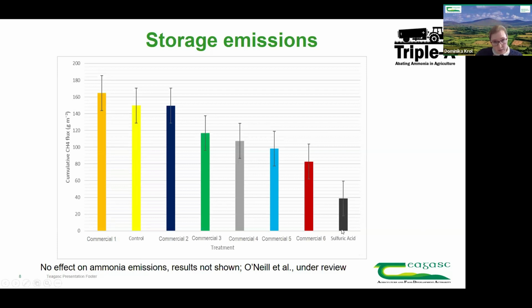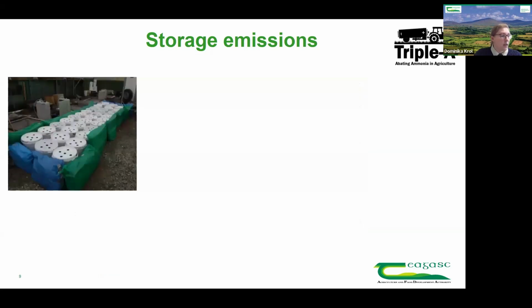Sulfuric acid, which is one of those chemical acidifiers that we know works well. Except for sulfuric acid, there are a couple of commercial additives here that have shown some promise in terms of reducing emissions. So this is definitely something that needs to be looked at further, and there is a good promise there.